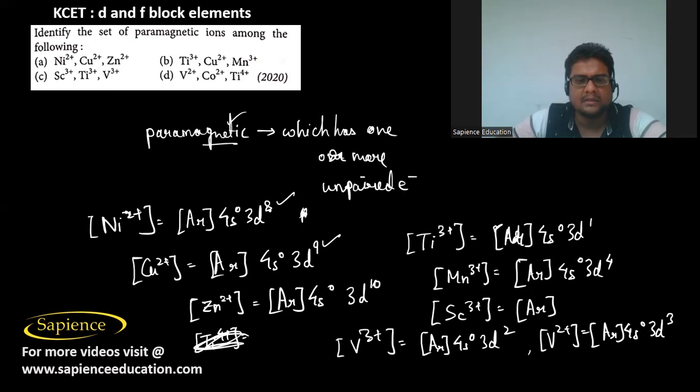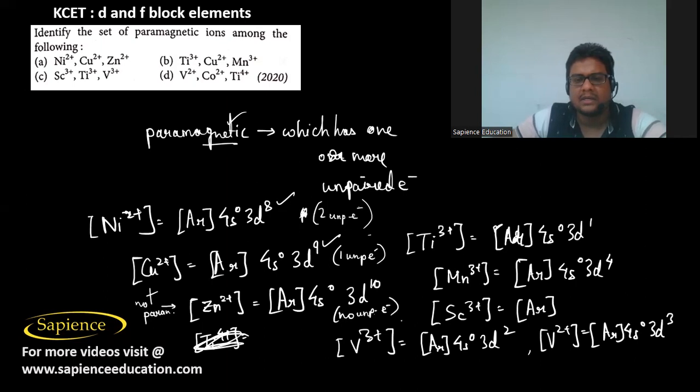Nickel has two unpaired electrons, copper has one unpaired electron, and zinc has no unpaired electrons. So zinc is not paramagnetic. And Ti3+ has one unpaired electron.